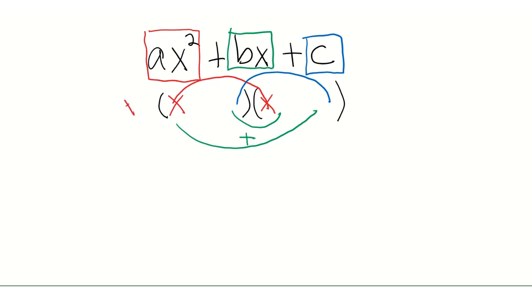So you'll see this is the first, this is the last, and then on the inside I have the sum of the outer plus the inner. So let's do some problems and see how we can get a binomial factor from our trinomial.